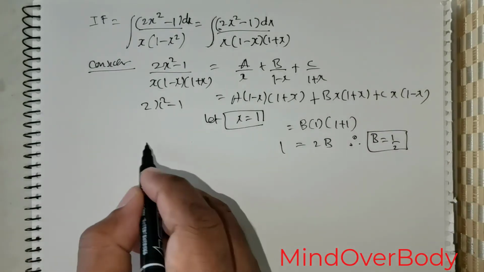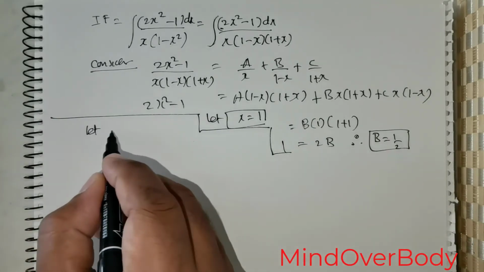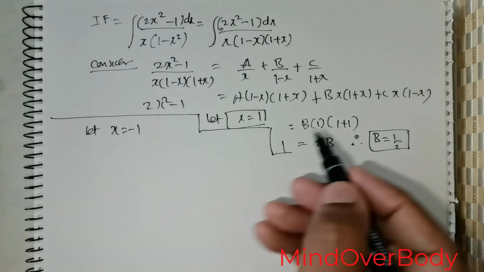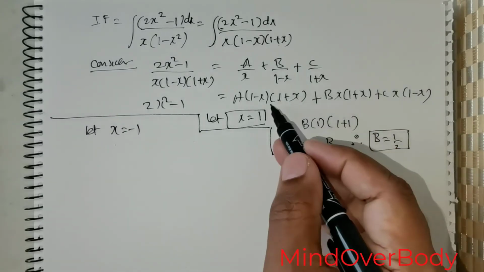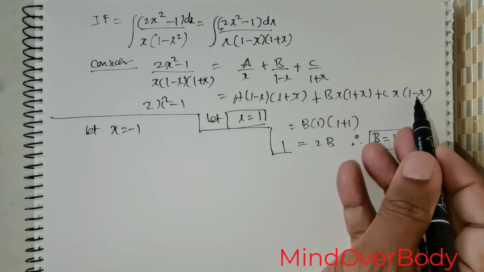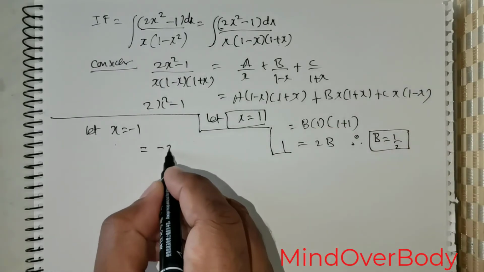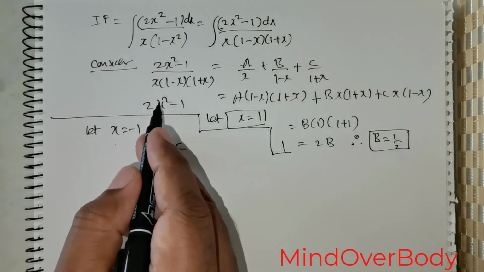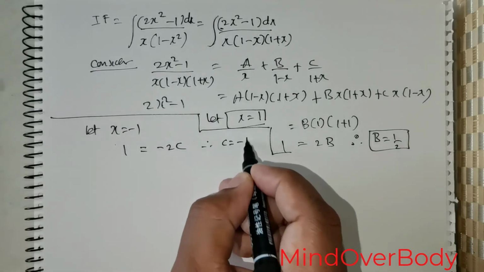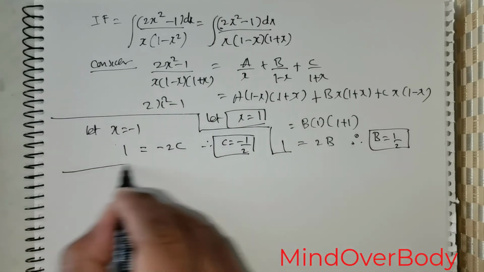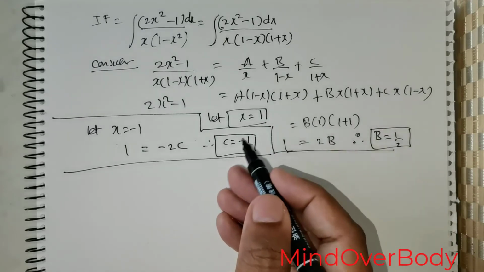Next, I'm going to take x equal to −1. Then b goes off, a goes off, and I am left with c times (−1)(1 − 1)... so it's going to be −2c, because the square gives a positive. This gives me c equal to −1/2. So we got b and c, and we need to get a.